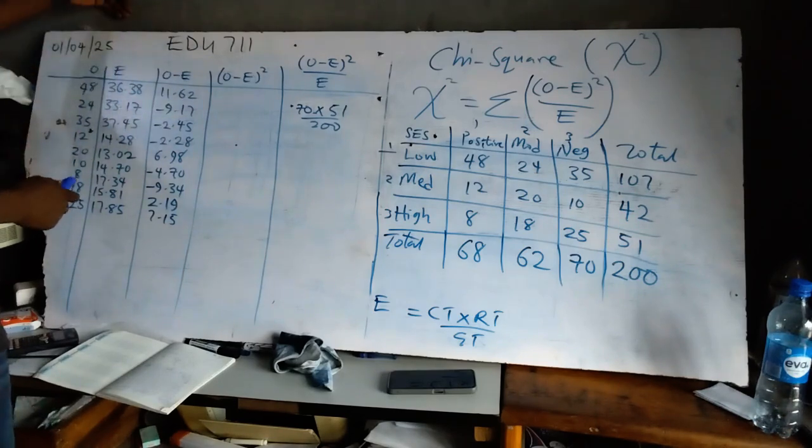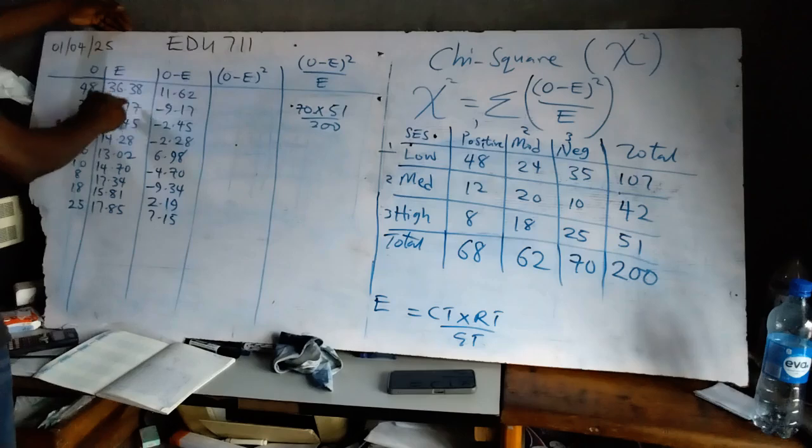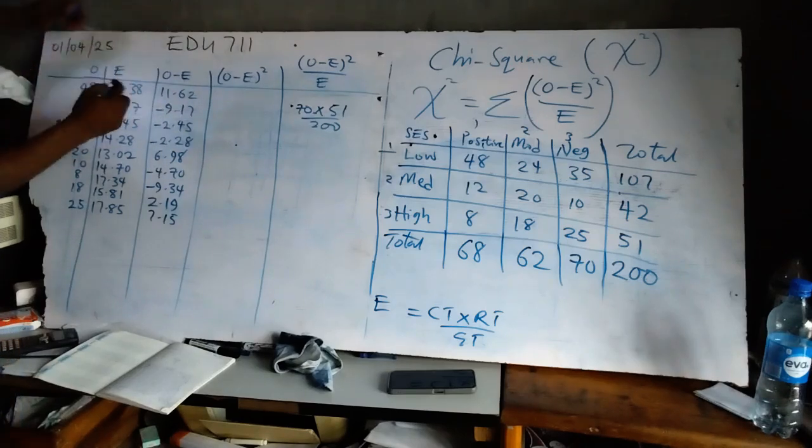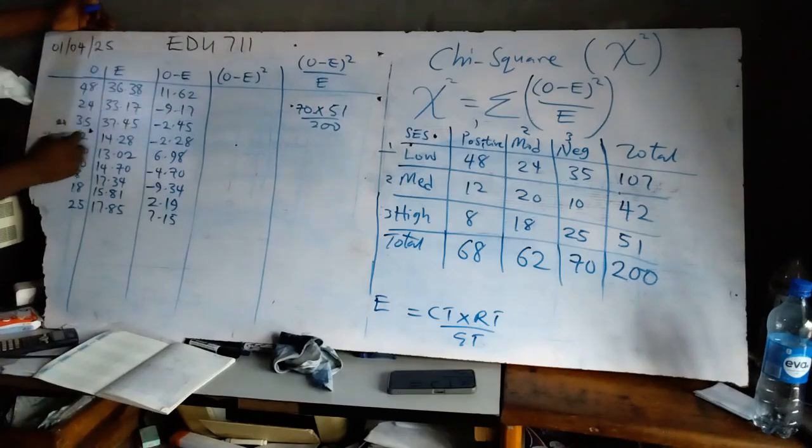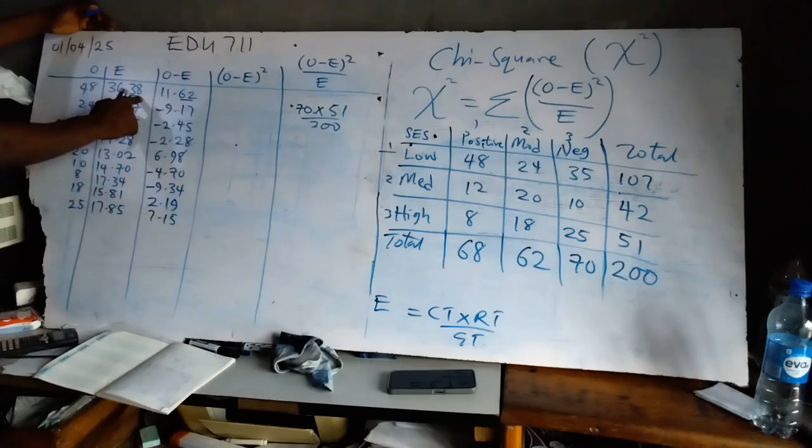The easiest way to check is, if you add the last two digits here, this decimal number, to this one, it must give you 100. If it doesn't give you 100, then there's a mistake in your calculation. This plus this is 100. So that is for the positive integers.